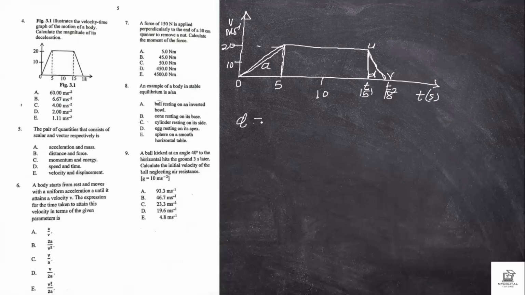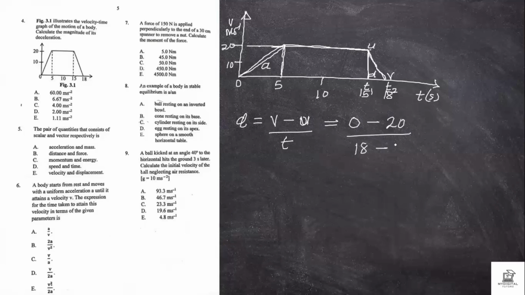So your deceleration here is going to be final velocity minus initial velocity u all over change in time or time taken. So here, our final velocity is going to be 0 because the body has come to rest. So here is 0 minus initial velocity, which is going to be this velocity, which is 20, right? So I have 20 all over final time, which is 18, minus initial time, which is 15.